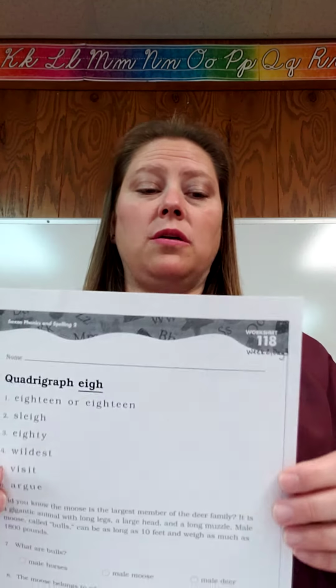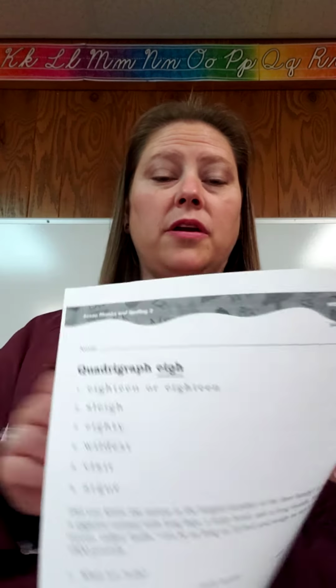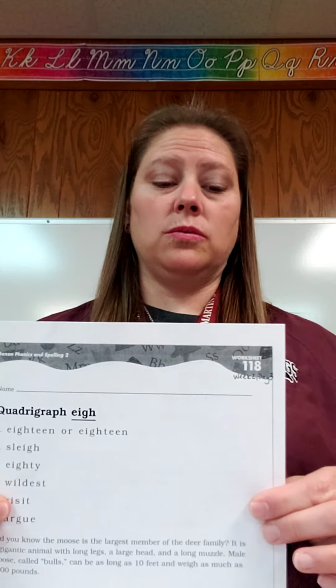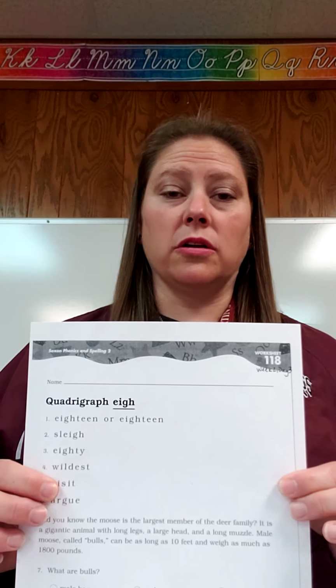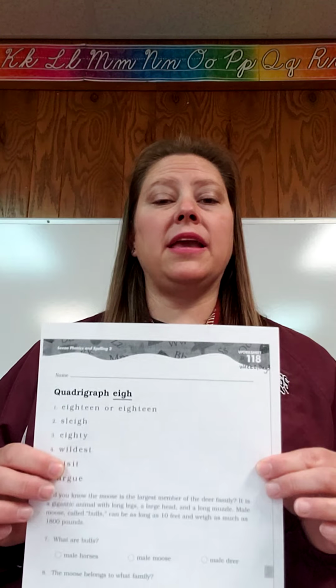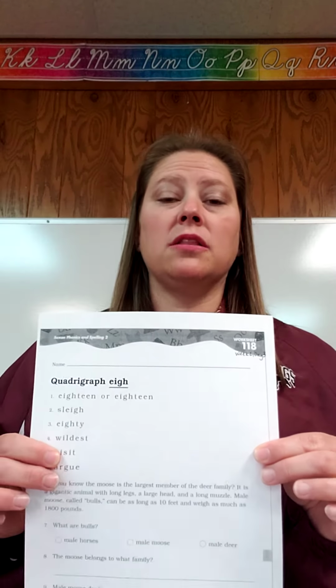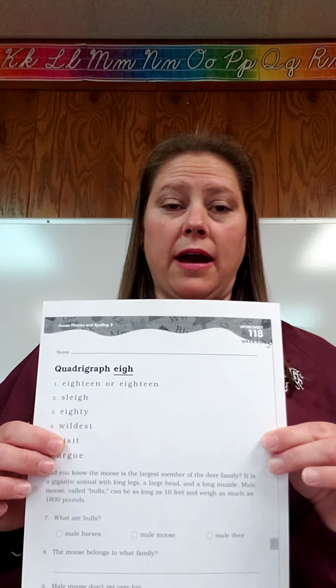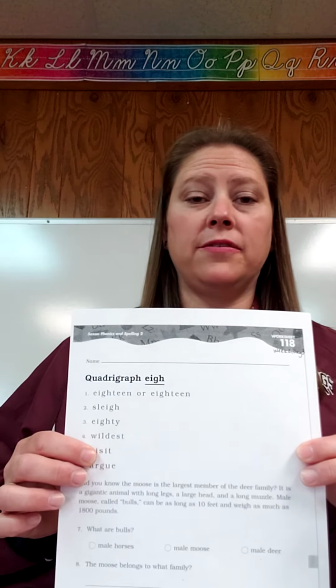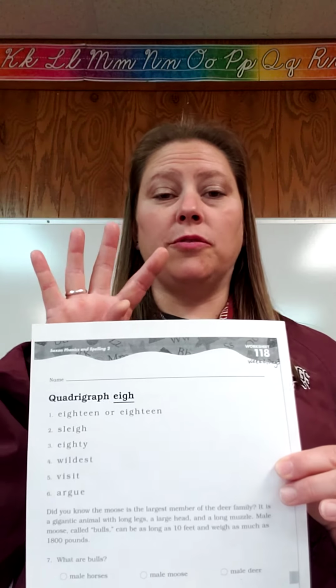We will also be working with worksheet 118 on the front, homework 118 on the back, and this is going to cover something new. This is called a quadrigraph. E-I-G-H. The reason it is called a quadrigraph, just like digraph, trigraph, quadrigraph, quad means 4.